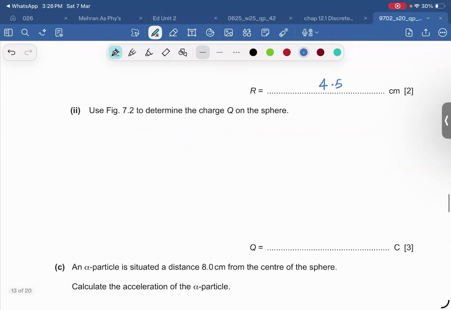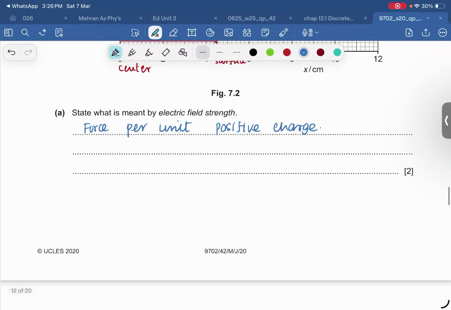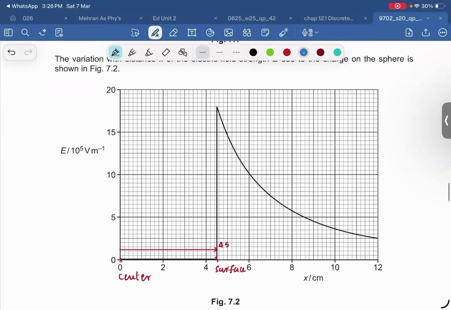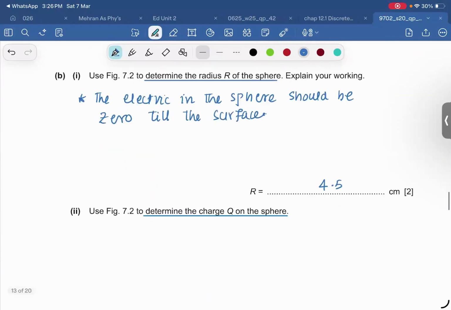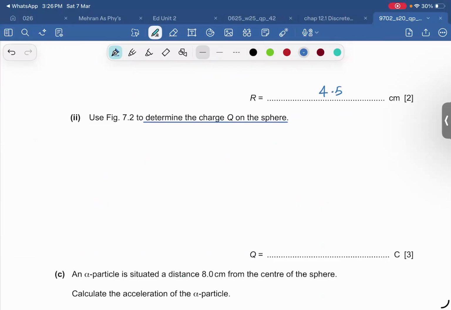Okay, moving on to determine the charge on the sphere. We can take our electric field from the graph, which is 1.8, exponent 5. Be careful with this. We know that the electric field formula is E equals kQ over r squared, or you can also use E equals Q over 4 pi epsilon naught r squared.